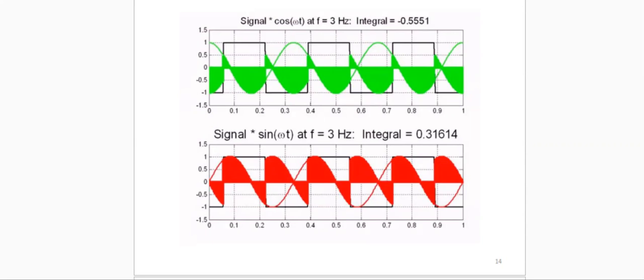So first of all, if we try the 3 hertz cos signal, what we have found, we have a lot of negative. So that means we have A, let's say for 3 hertz, I put 3, that is equal to, they have found this value, minus 0.5551.